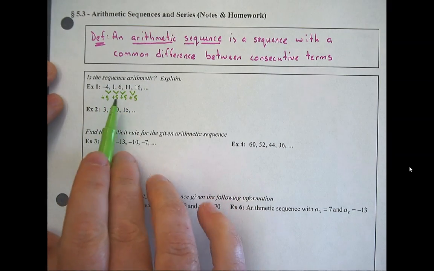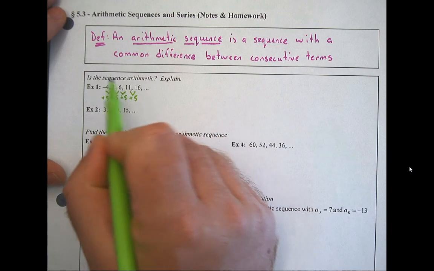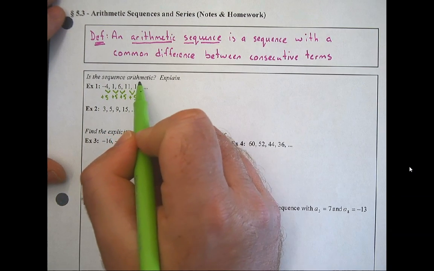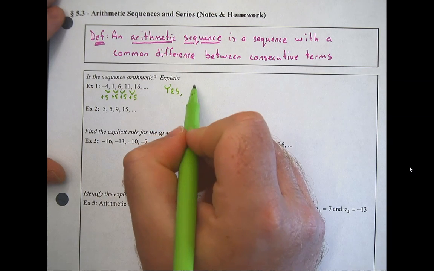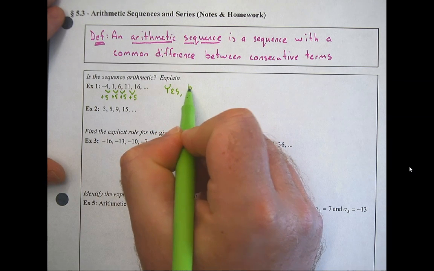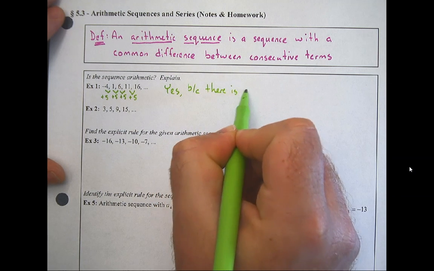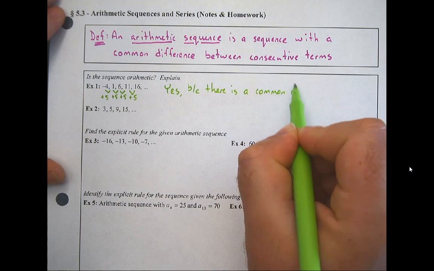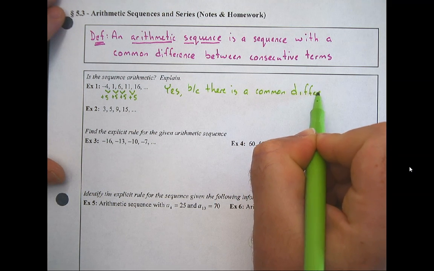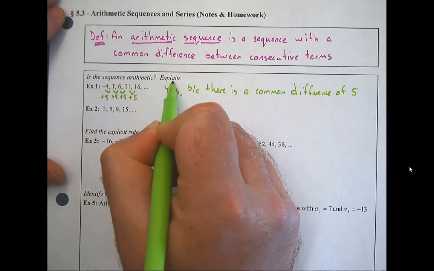So because these all have the same value, the question was, is the sequence arithmetic? We would say yes, because there is a common difference of 5.